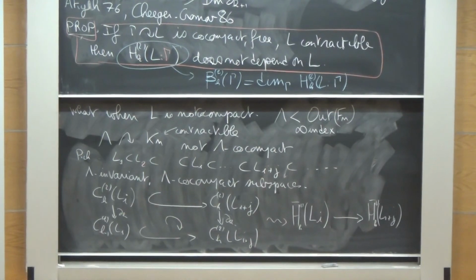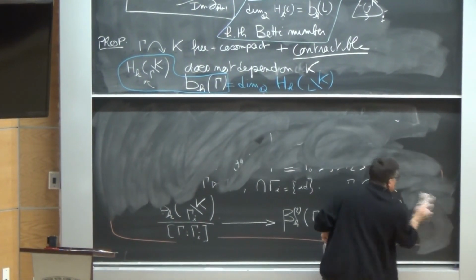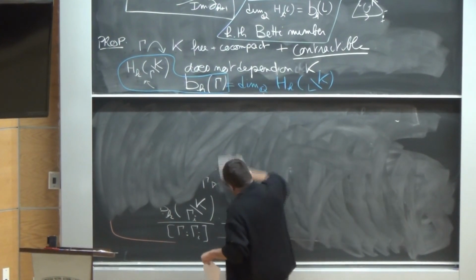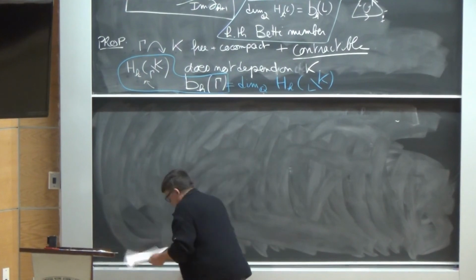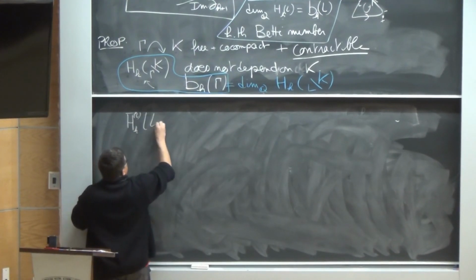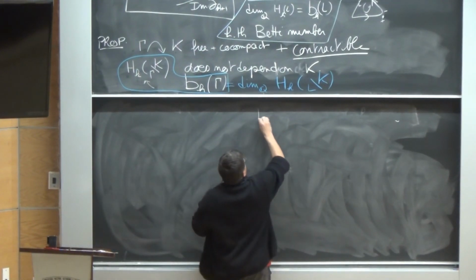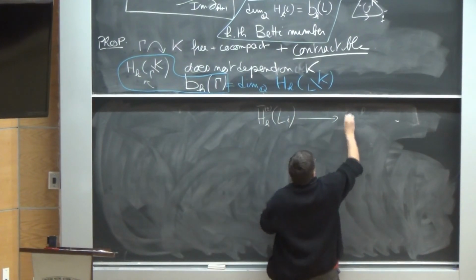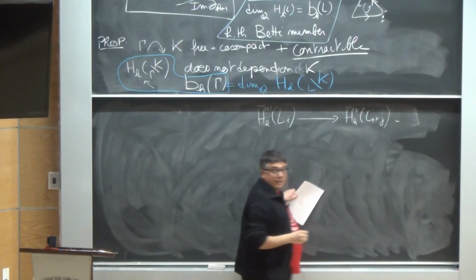And now what you do is you consider this sequence of maps. H_k of L_i to H_k of L_{i+j}.